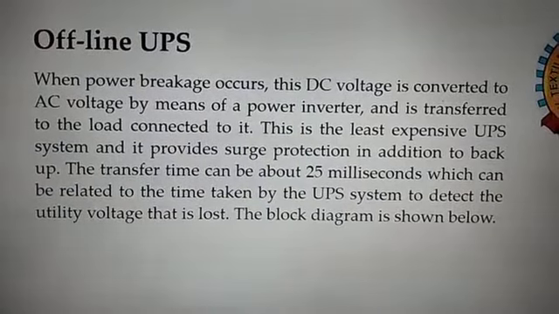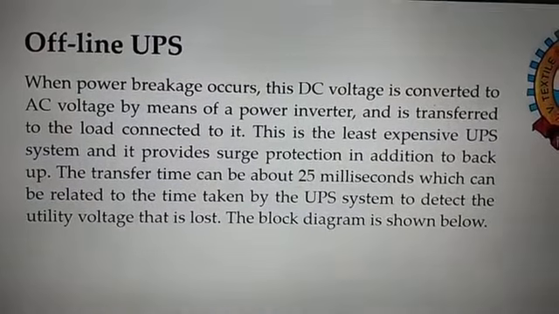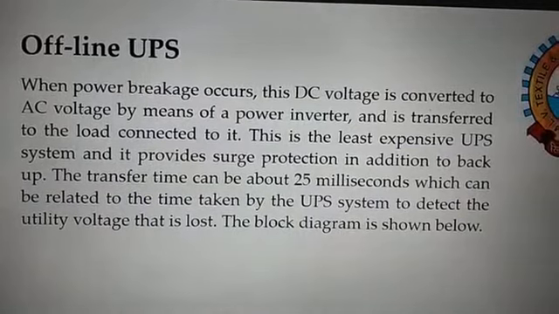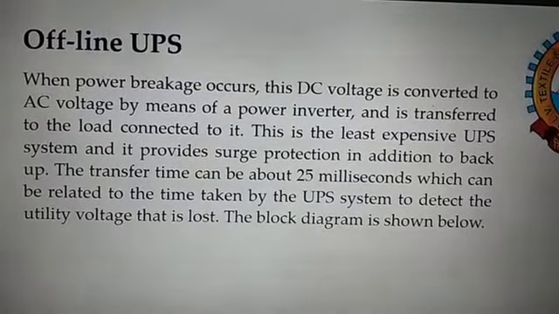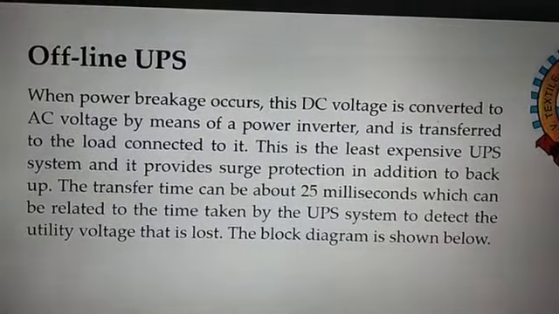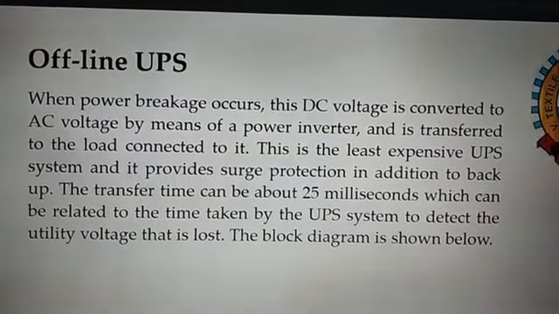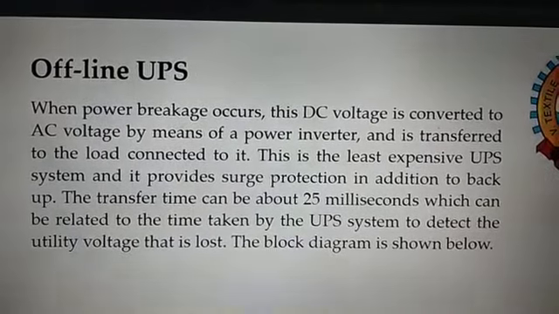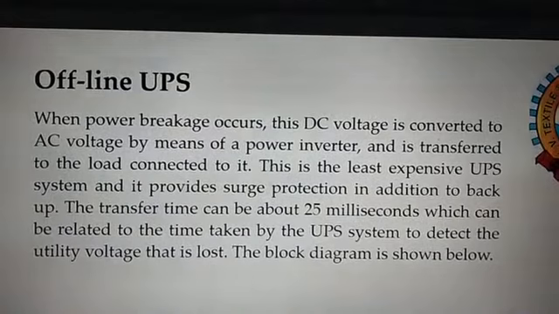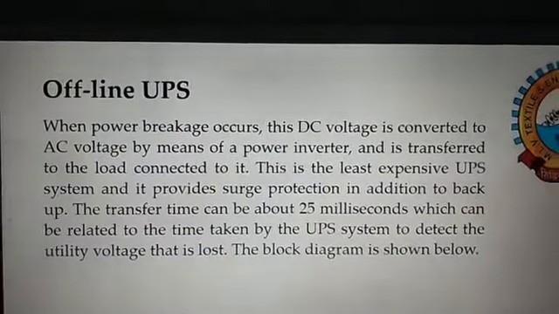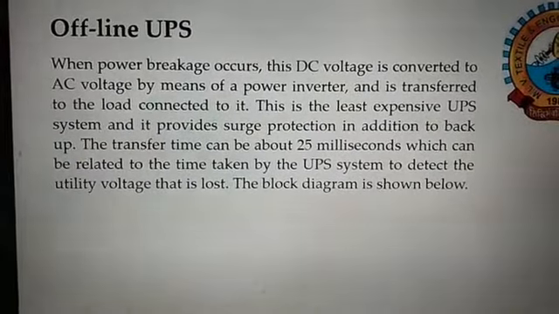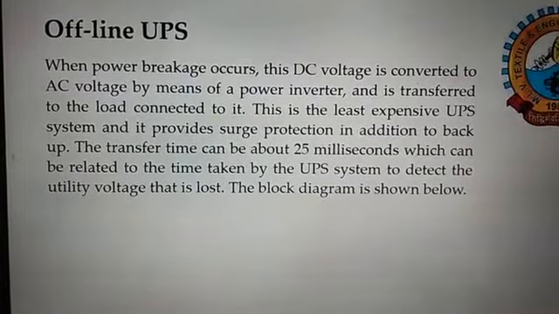The transfer time can be about 25 milliseconds or less, which relates to the time taken by the UPS system to detect that the utility voltage is lost, as well as the switching time of the switch, as shown in the block diagram.